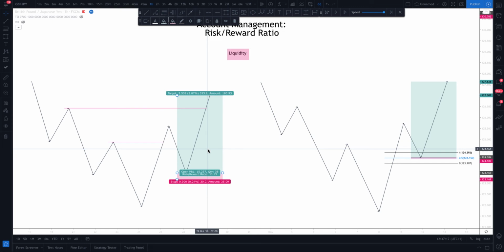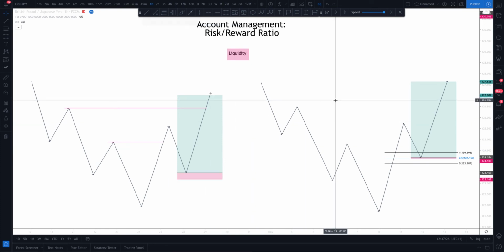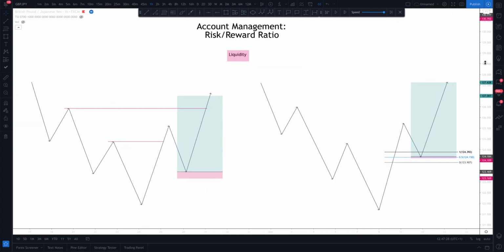So you're literally receiving double for the same trade, simply by understanding why it's working. So that's how you use risk to reward ratios, and understanding risk to reward is going to be so beneficial for you. I can't even explain.